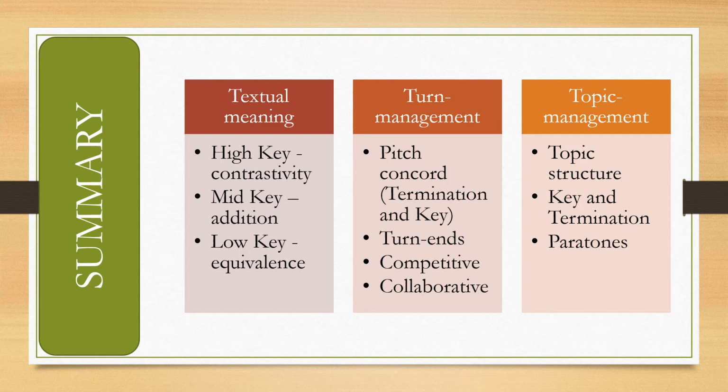For example, we started the unit with the textual meaning of key, expressed in terms of the general meanings that each particular key has. High key is used with the meaning of contrastivity, and all the different specific meanings for contrast. Mid key is the prototypical use of key with the sense of addition, and finally low key with the meaning of equivalence and all the subtypes of equivalence that we have discussed.